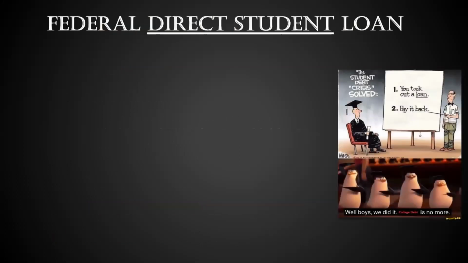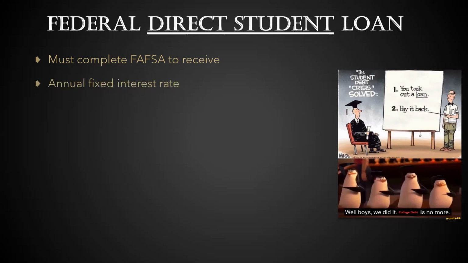More about the direct student loan. Again, the student must complete and submit a valid FAFSA application to the financial aid office. There is an annual fixed interest rate, which is determined every July 1st based on the Treasury bill, and a 6-month grace period before repayment.